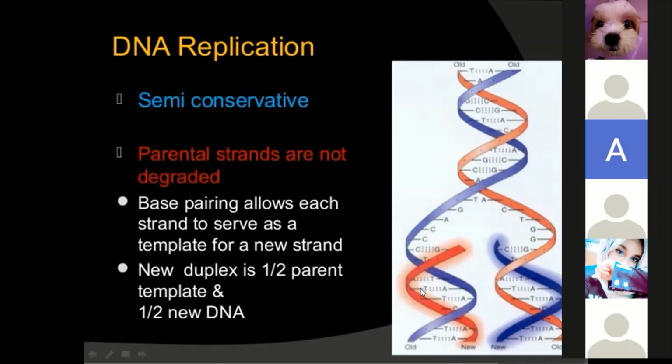That's why it is called semi-conservative. Base pairing allows each strand to serve as a template for a new strand. This strand is a template for new strand synthesis, and this strand is also the template for new strand synthesis. The new duplex is half parent template and half new DNA.